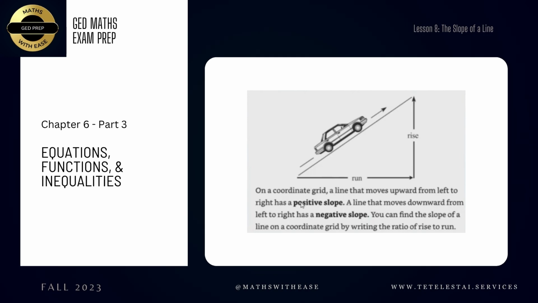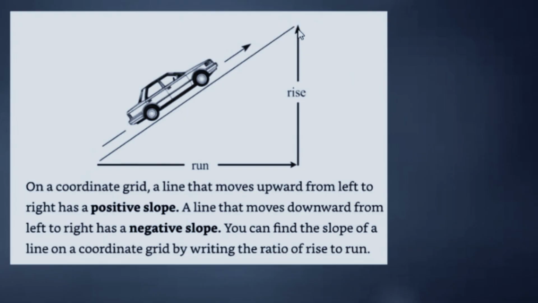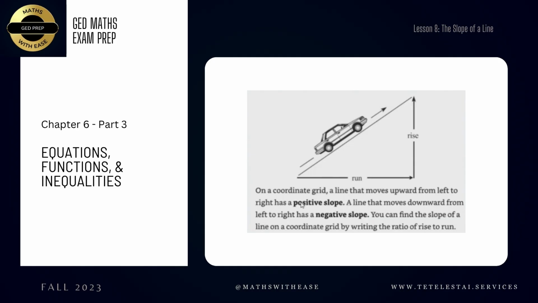So let's say we started at this point here, and we move downwards towards the right, and we drew a line from this point to maybe somewhere in the space, and we connected the 2 points, that line would have a negative slope because it's moving downwards from left to right. You can find the slope of a line on a coordinate grid by writing the ratio of rise to run.